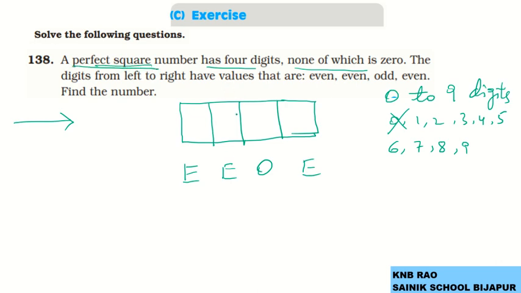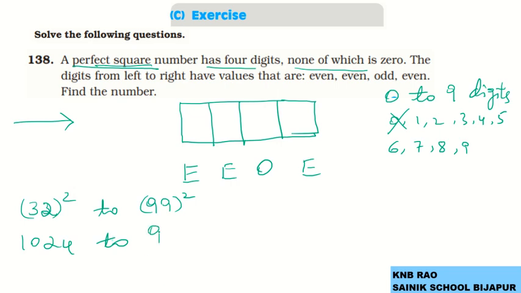See children, perfect squares that are 4-digit numbers, very important: from 32 square onwards up to the square of 99, we have 4-digit numbers. What is 32 square? 32 square is 1024. And you know what is the square of 99?